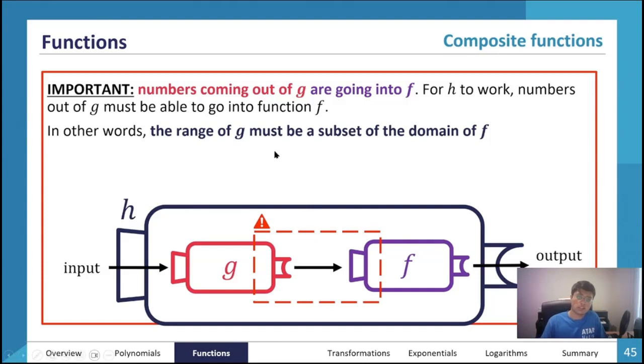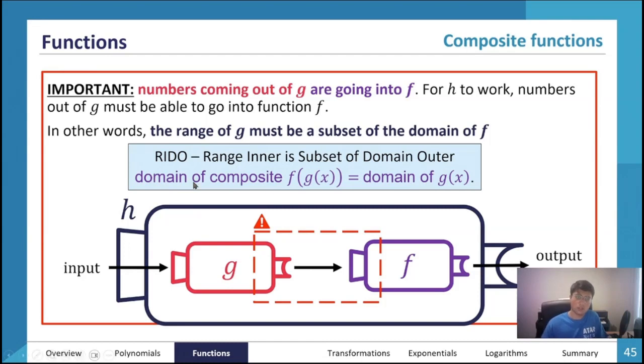So what we're essentially looking for is that the range of g is a subset of, contained within, the domain of f. You can use this little mnemonic, RISDO: range inner is subset of domain outer. That'll help you remember the rule. It's very important that you know this rule. It always comes up when you're dealing with composite functions.